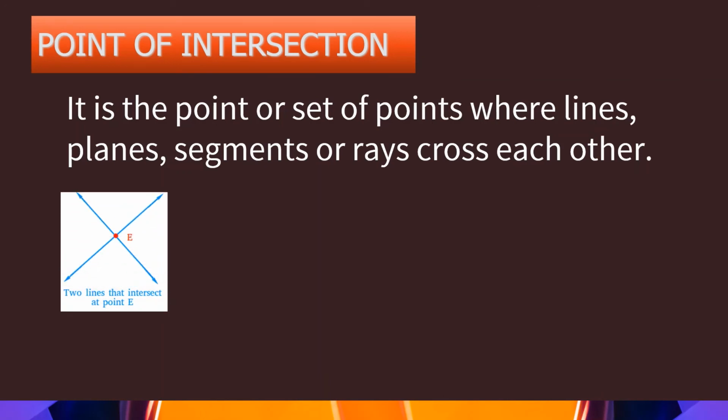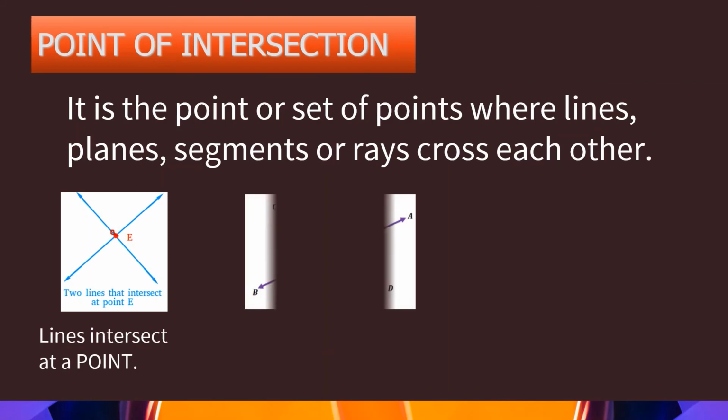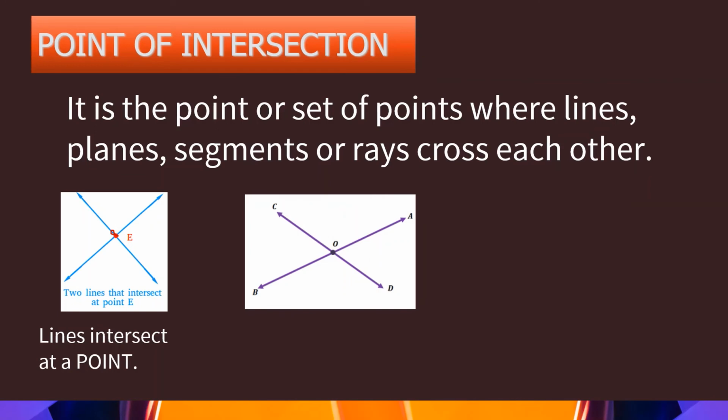For example, we have two lines that intersect at point E. So ito ngayon yung kanyang point of intersection, yung point E. So lines intersect at a point. Another, line CD and line AB intersect with each other at point O, meaning na ang point of intersection ay yung point O.